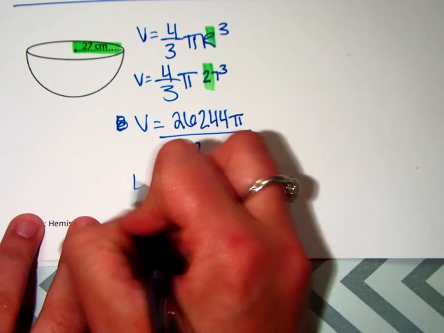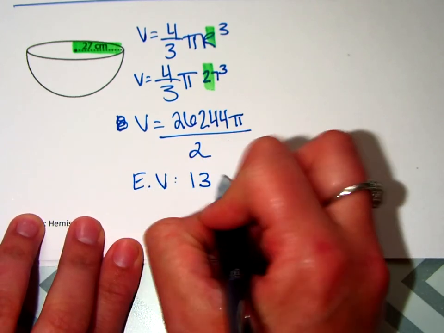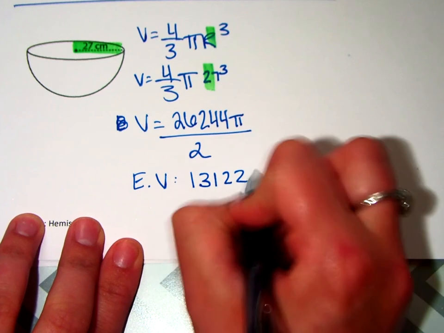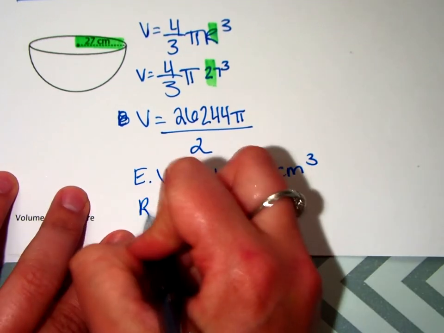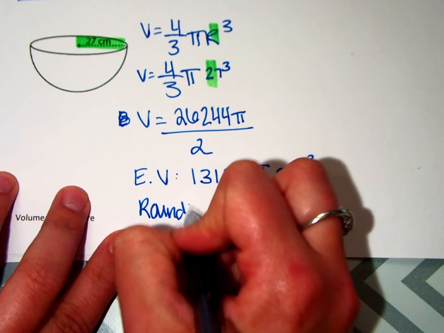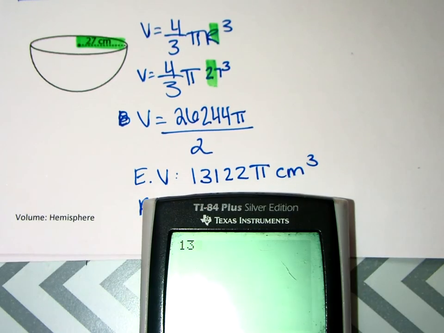So my exact volume is 13,122 pi centimeters cubed. And when we round, I'm going to do the same thing. I'm just going to type 13,122 pi into my calculator, and I'm rounding to the nearest cubic centimeter.